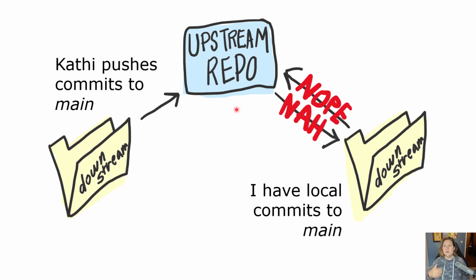And there are also other problems with this. Yes, you could work that out, but sometimes if you're working with tooling that interacts with Git, it gets sort of mad if you get into this situation too. But there are other reasons we wouldn't want to work just in main as well.